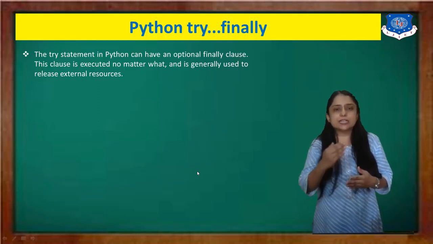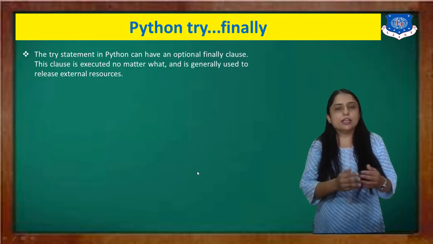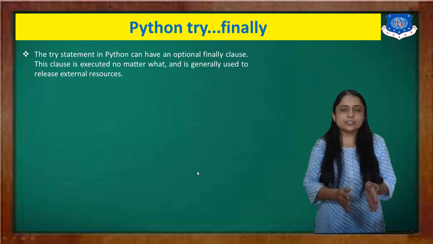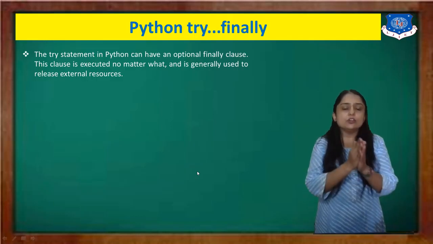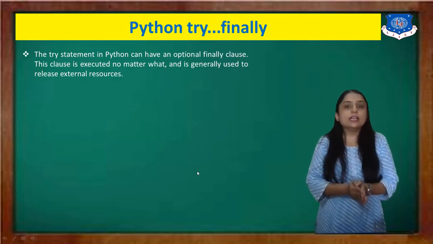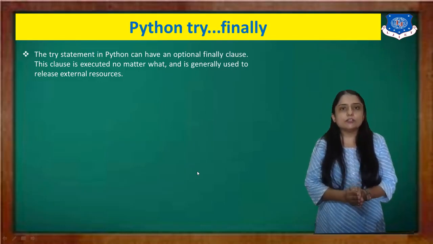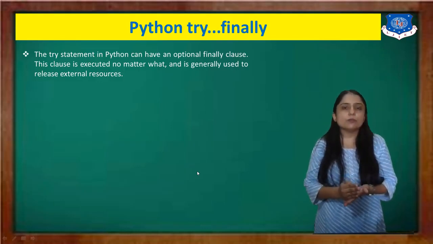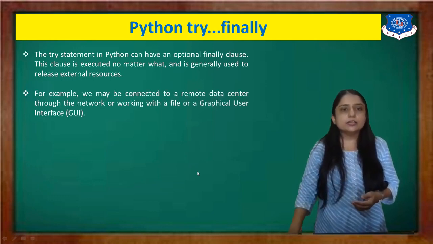I'll give you a simple example. For example, if I open a file and any error occurs inside it, I write some except clause over there. But in any case, I want to close my resource, so I have to use the finally statement, and whatever statement is for closing the file, you write inside the finally.